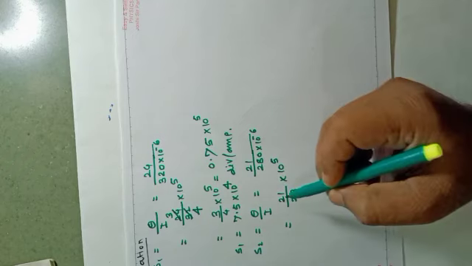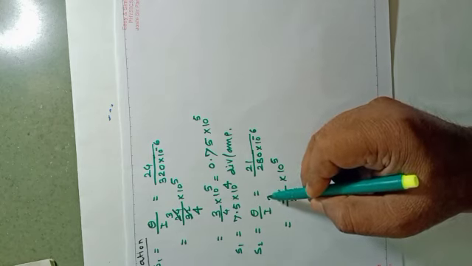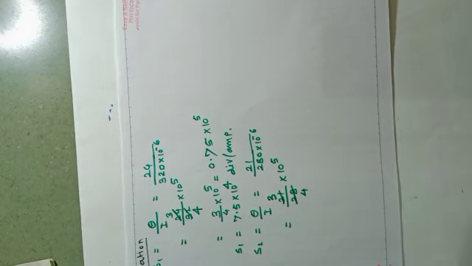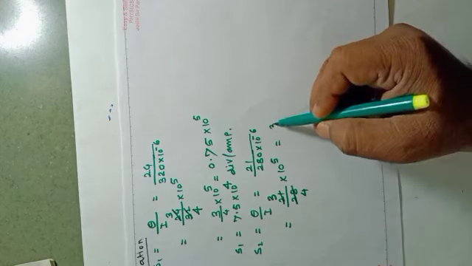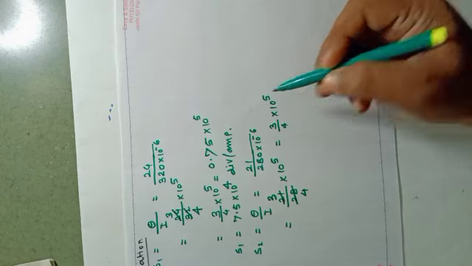So if we can divide 7 3 the 21 and 7 4 the 28. So here it is 3 upon 4 into 10 to the power 5.